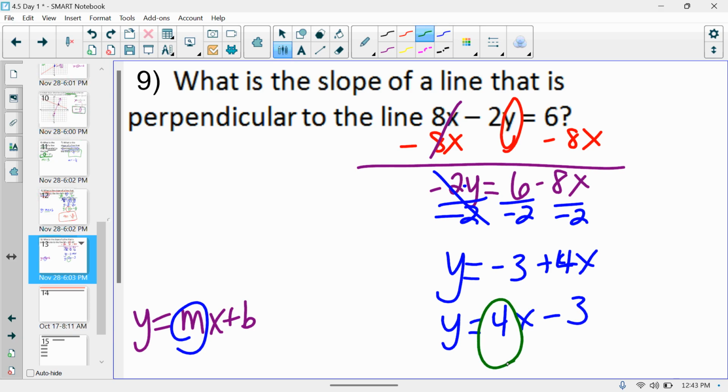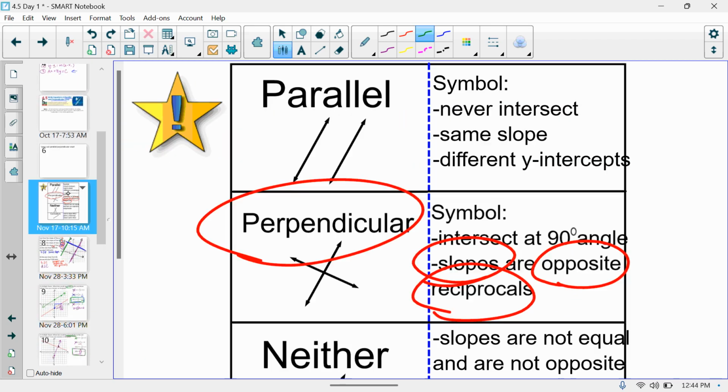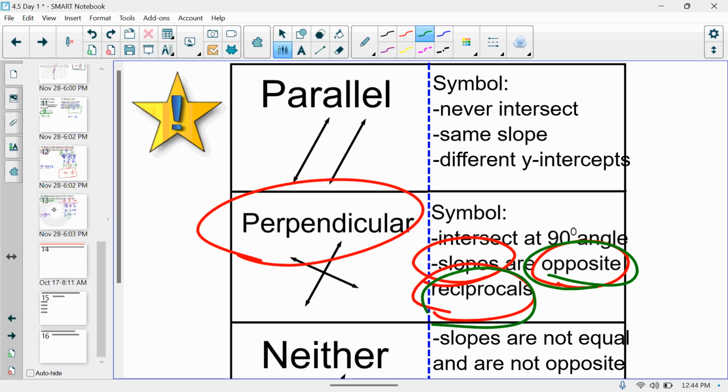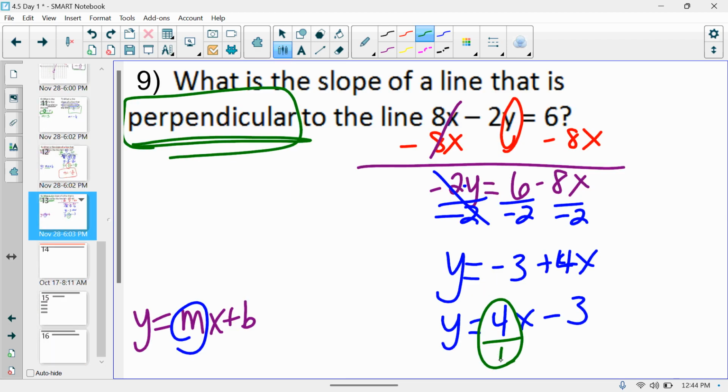But so guys, again, one little word is going to change everything because if I asked you what is the slope of a line parallel, then we would just say 4. But it doesn't say parallel this time. It says perpendicular. That's why we're remembering again that the slopes have to be opposite reciprocals, which means we probably should make this look like a fraction.